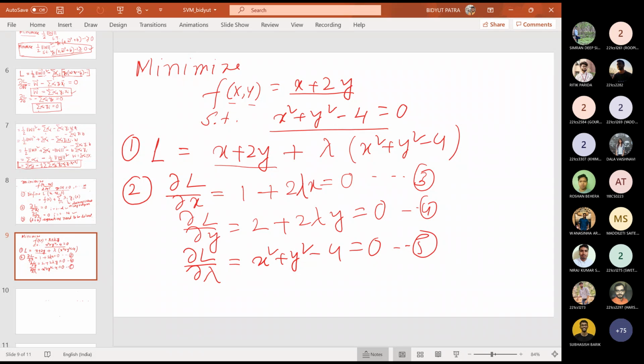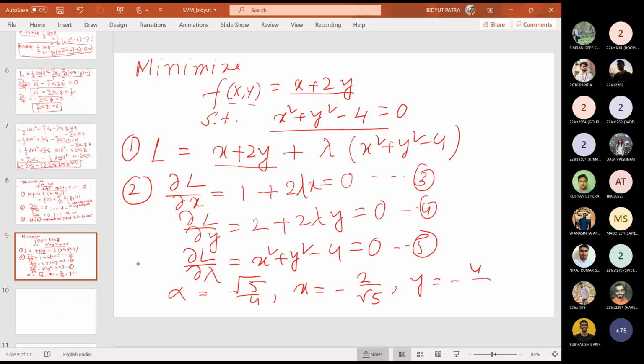So now you solve these equations. If you solve these equations, you will get the value of lambda equal to root 5 by 4 and x equal to minus 2 by root 5 and y equal to minus 4 by root 5.